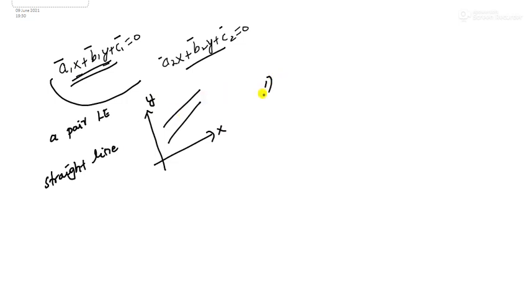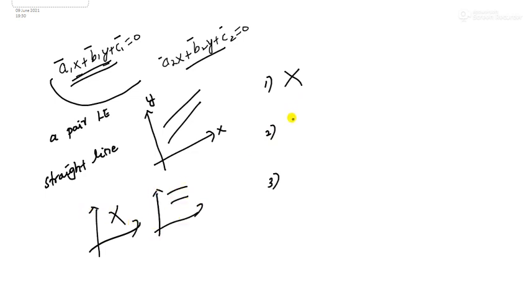The straight lines can be either intersecting, or they can be parallel to each other, or else they can be coincident. To identify whether the equations represent intersecting, I for intersecting, parallel, or coincident lines, we have certain conditions.